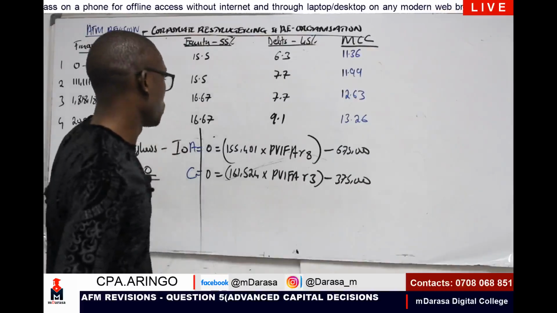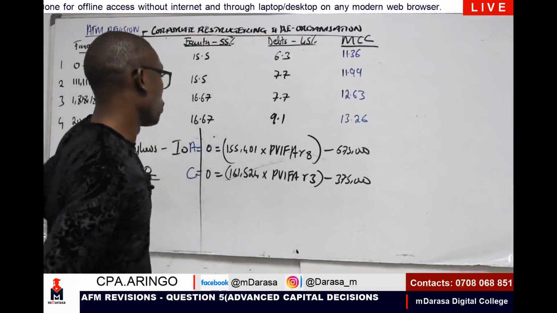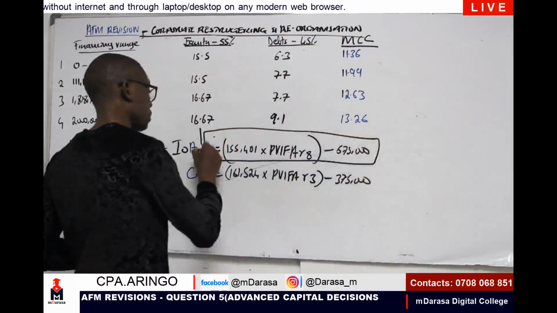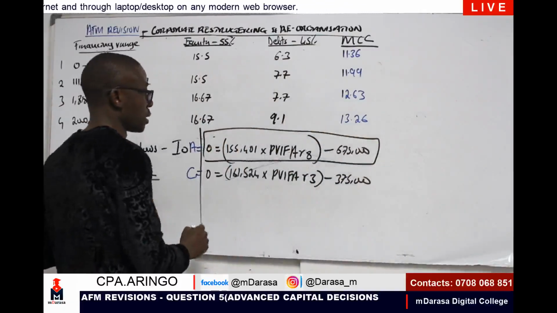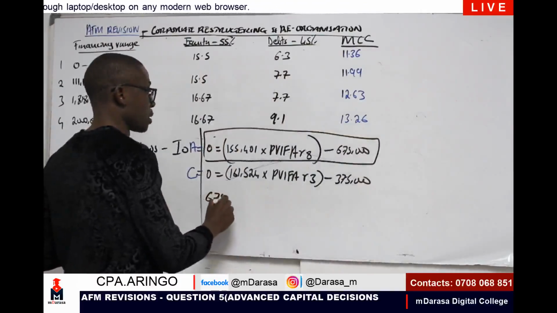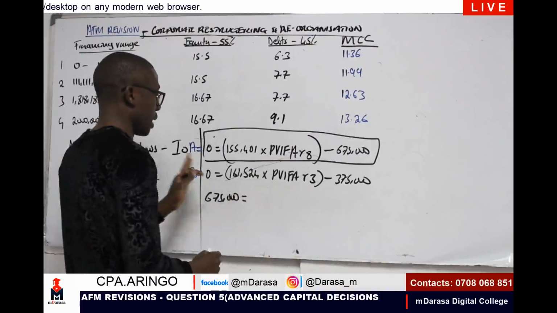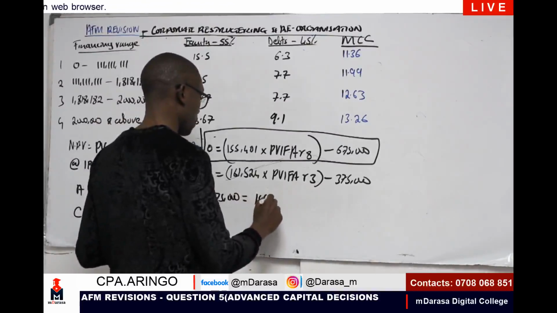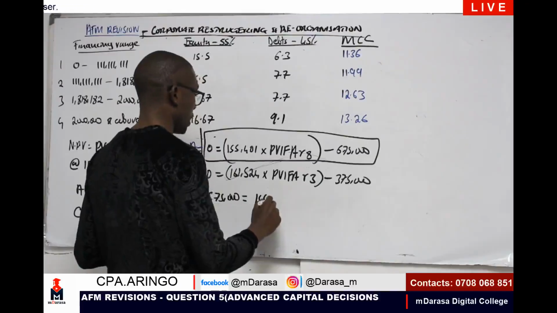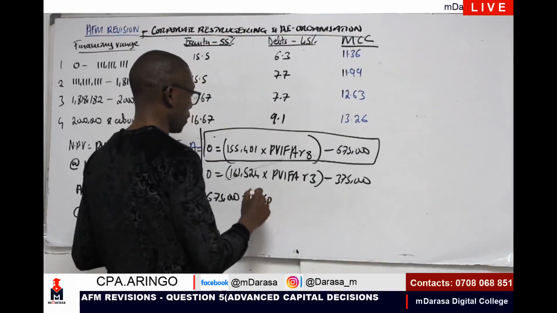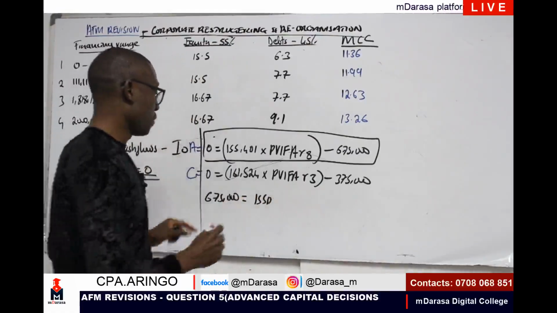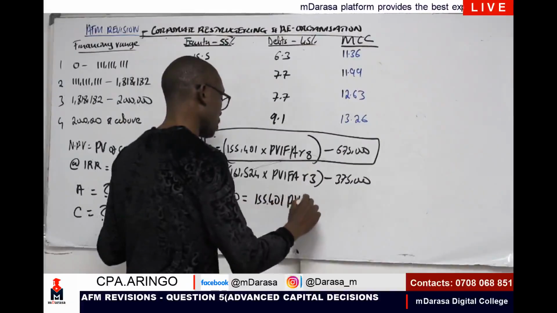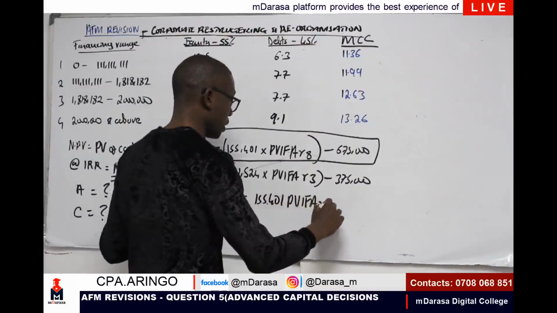So if at all you were to work it out, first of all, I'm doing for the first one here, we are going to take 675,000 on the other end, which would give us 155,401 times present value interest factor annuity, rate 8.